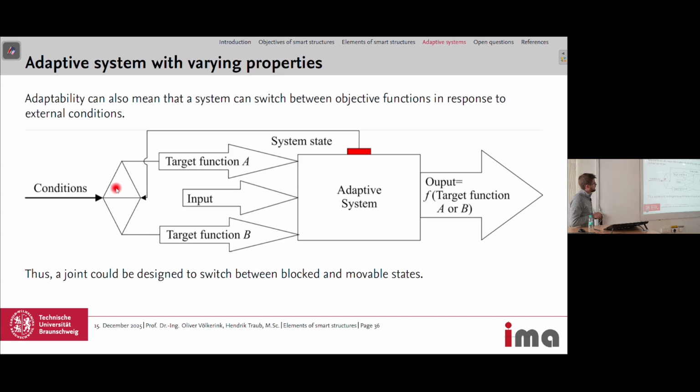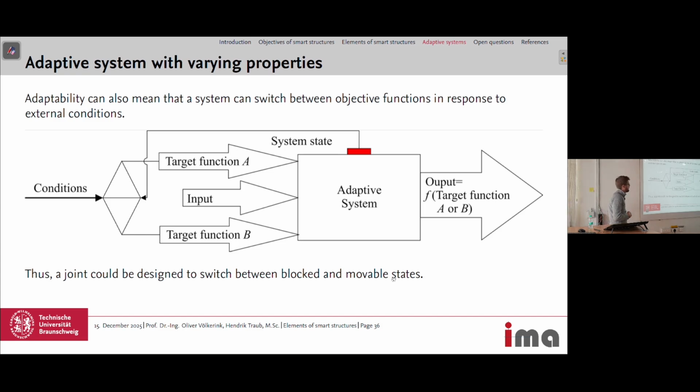We have a condition and here a system state, and then we can switch between target function A and target function B, and therefore our input is then converted in the adaptive system to output A or B, as a function of the target function A or B. An example could be a joint, which is designed to switch between a blocked and a movable state.